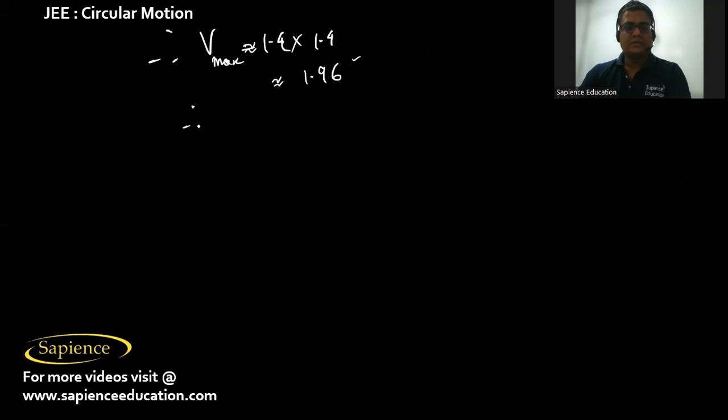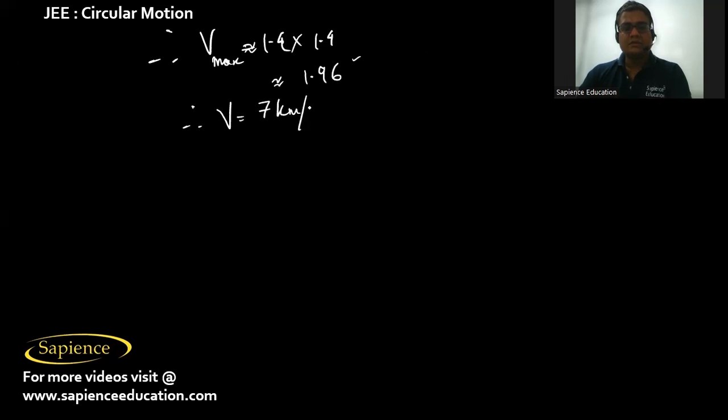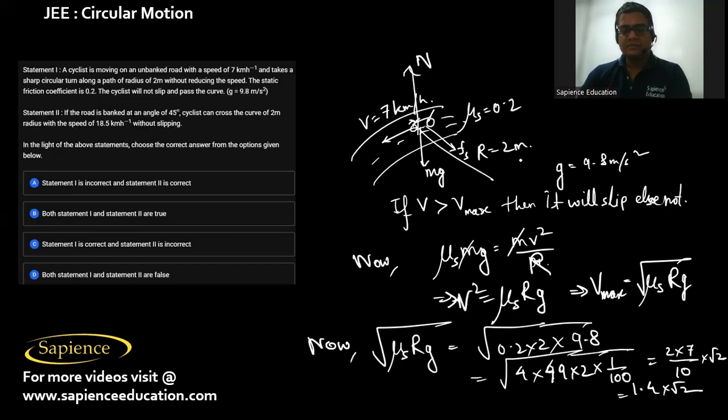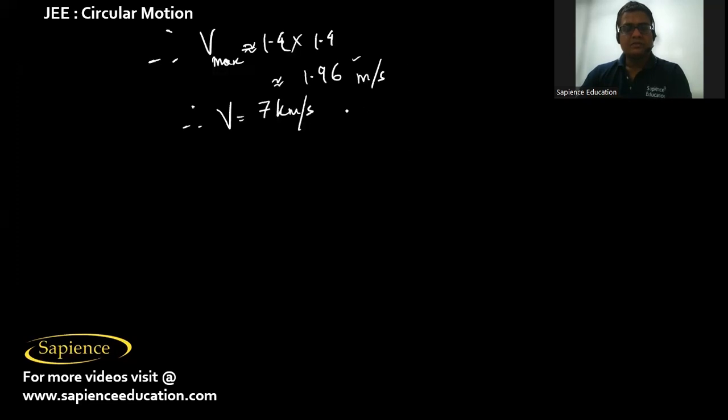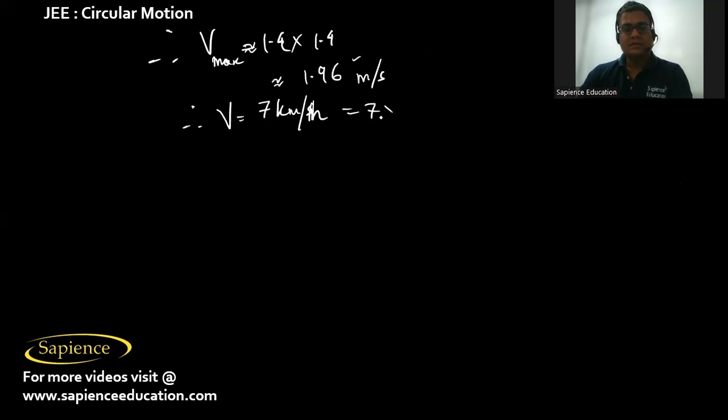So now the given velocity is equal to 7 kilometer per hour, and this is coming in 1.96 meter per second. Now this is in kilometer per hour, so this will be 7 into 5 by 18 meter per second.